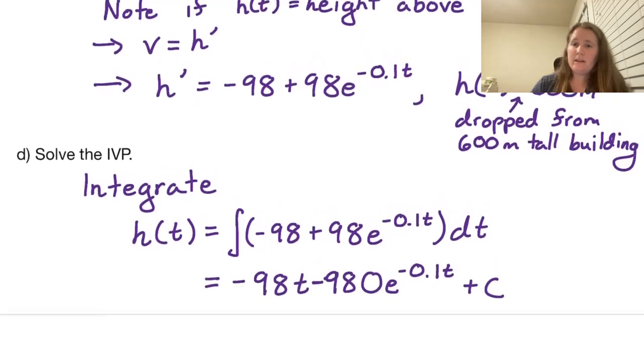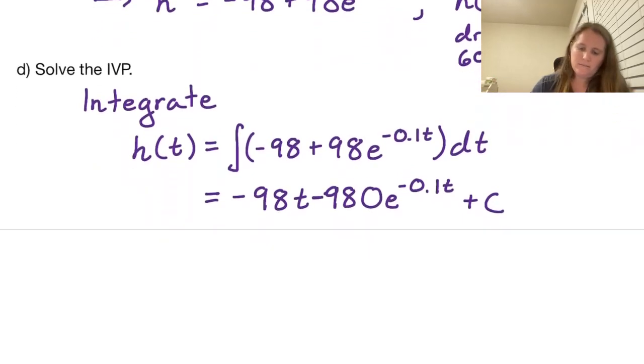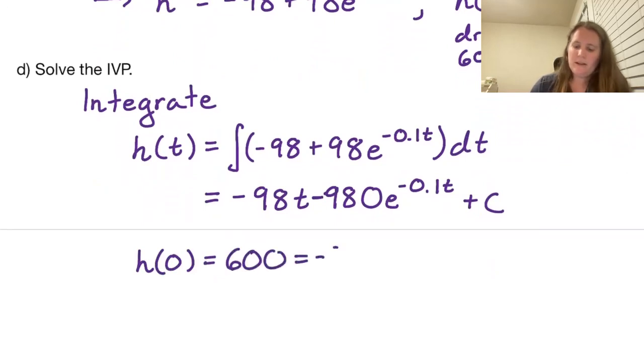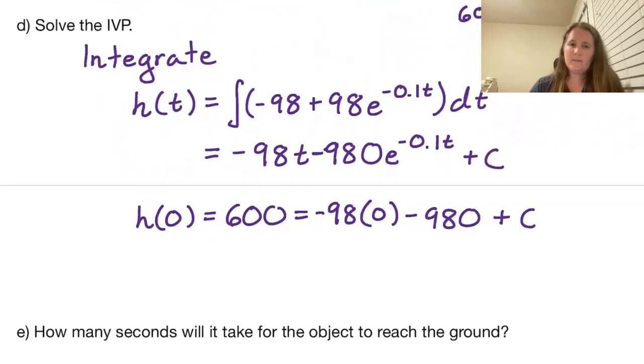Then using the fact that h of 0 equals 600, this will be negative 98 times 0 minus 980 plus c is equal to 600.